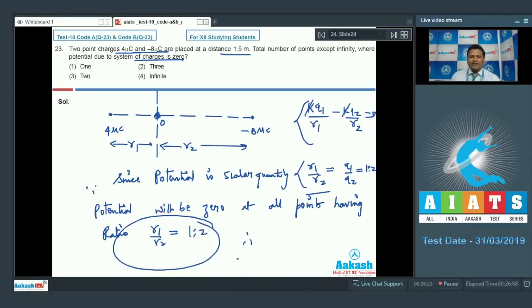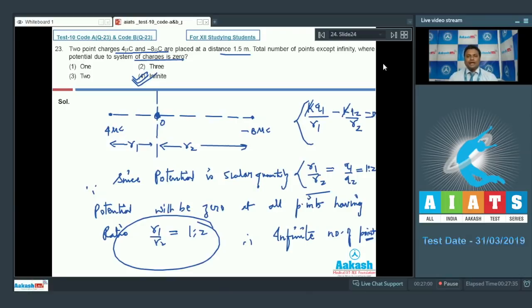Therefore we can say that there are an infinite number of points. After looking at the options, we can say that option number 4 is absolutely correct. So we will go with option number 4 only.